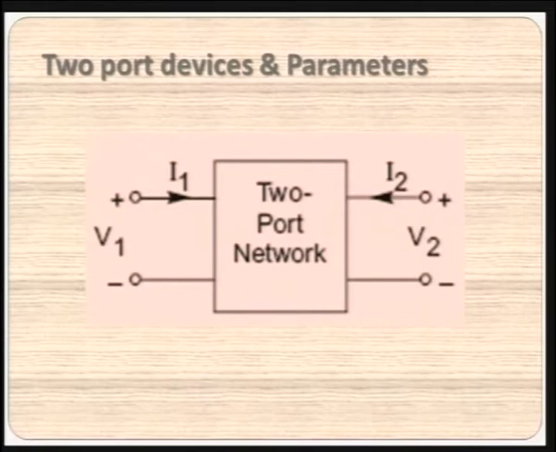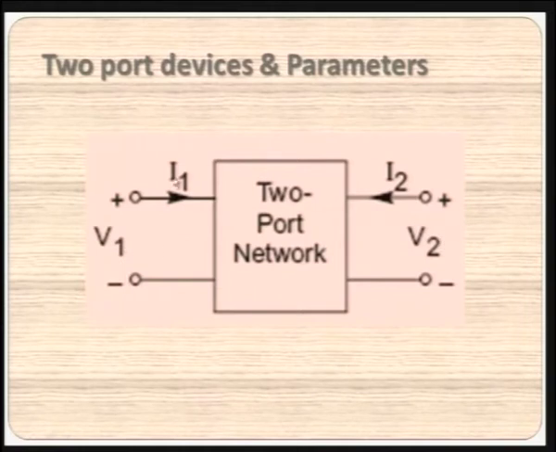We have the input current and the output current entering the network on either side, the input and the output side. Similarly, the voltage drop across the input terminals and the output terminals are also taken as these symbols V1 and V2.